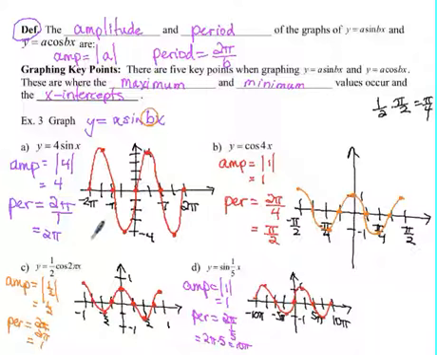If I go back to letter A, my domain is all real numbers, but what's my range? Isn't it -4 to 4? Okay? The domain for sine and cosine will always be all real numbers. However, the range is going to vary.